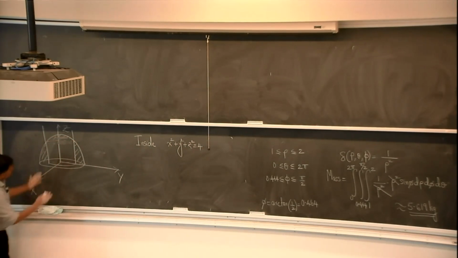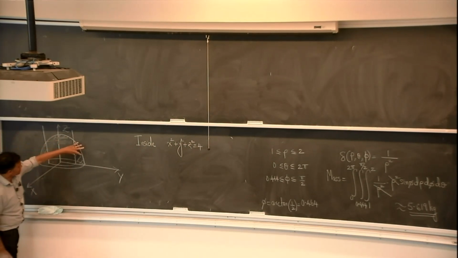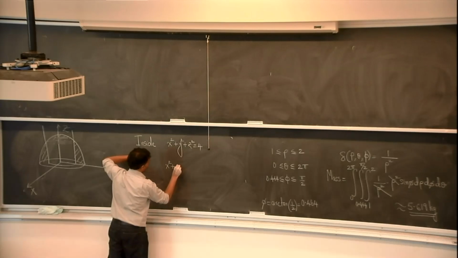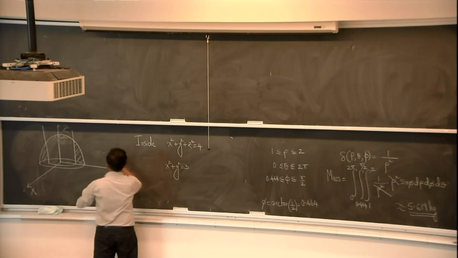So the cylinder just goes into the sphere as though you're inserting it using a hammer or something. And there is some space out here, some space out here. And this is x square plus y square equal to 3, the cylinder.